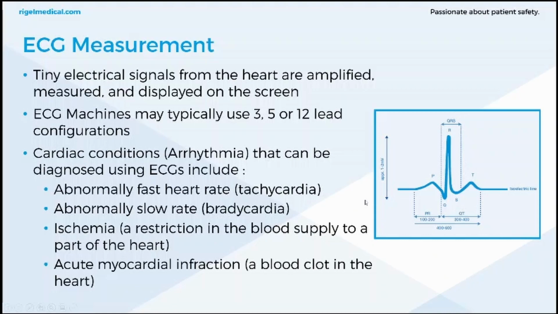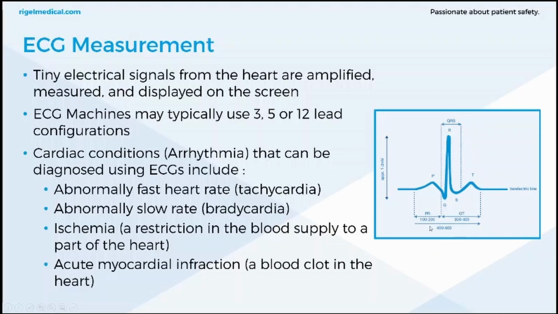Now, experienced clinicians can look at an ECG monitor, look at tiny little anomalies within the ECG, and quickly diagnose a condition that they might suspect. So they're really crucial measurements and why they're part of the main vital signs.